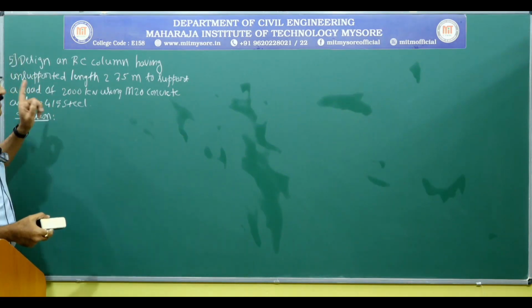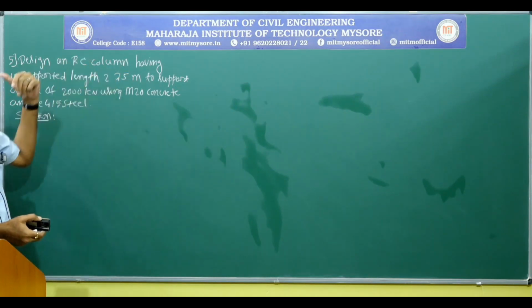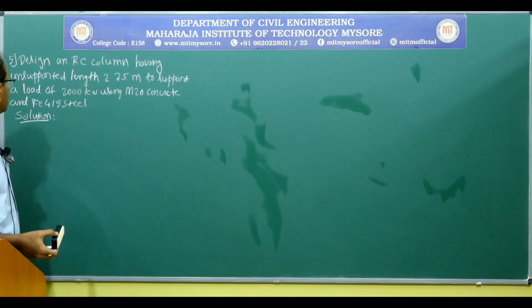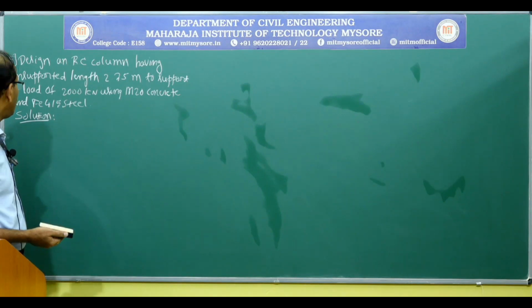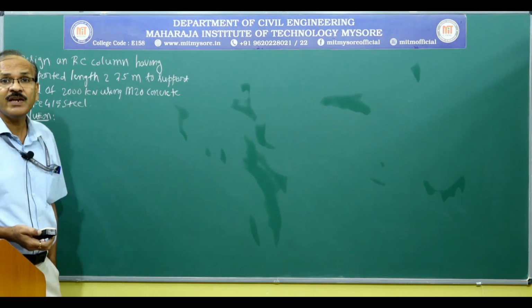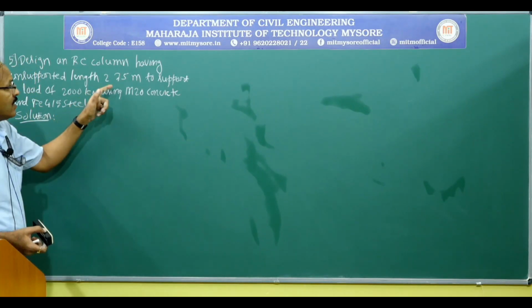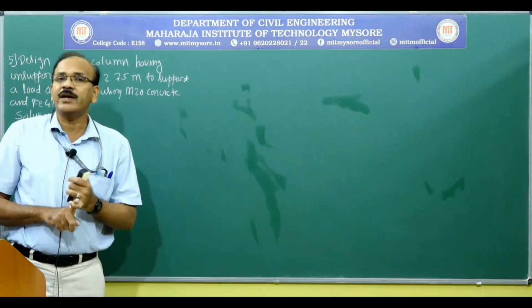The problem says design an RC column having unsupported length 2.75 meter to support a load of 2000 kilonewton using M20 concrete and Fe 415 steel. See, this problem does not give any cross-sectional dimension.